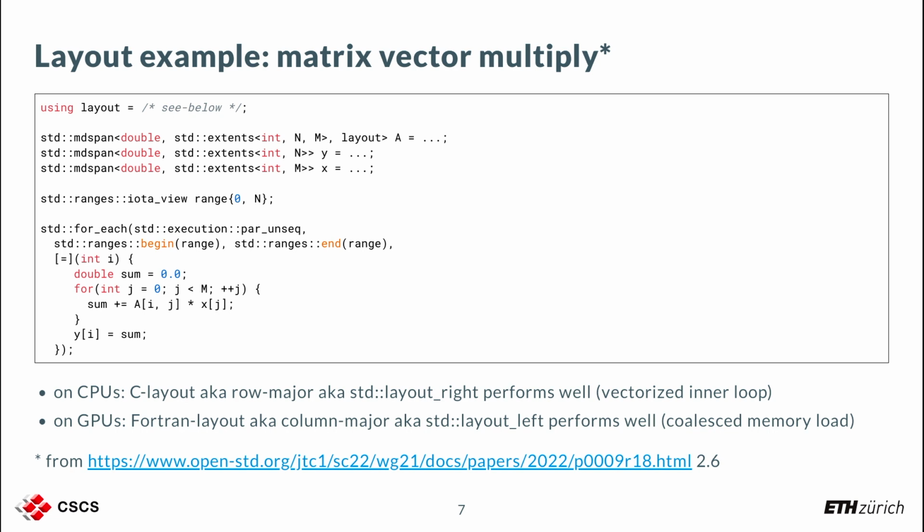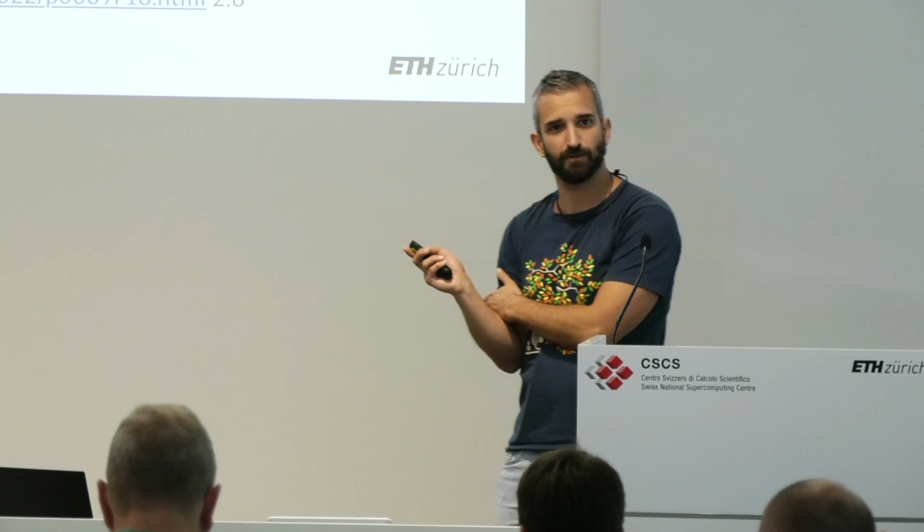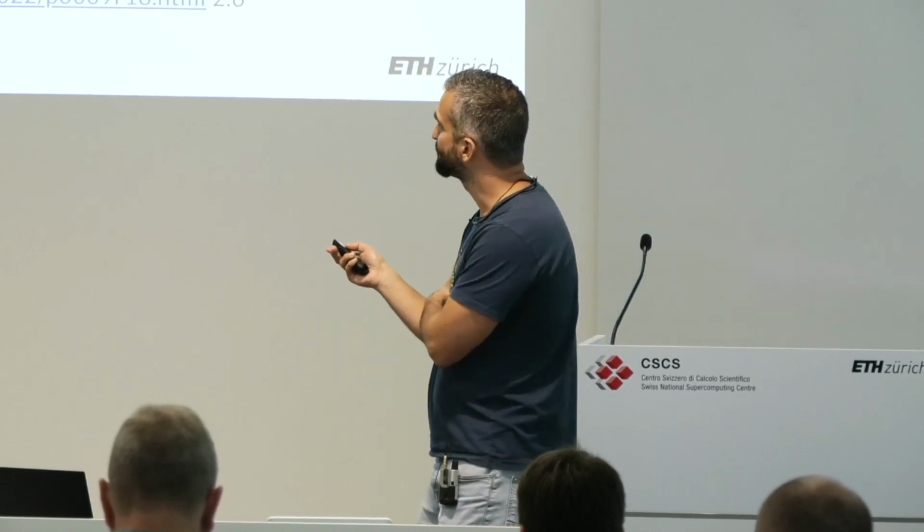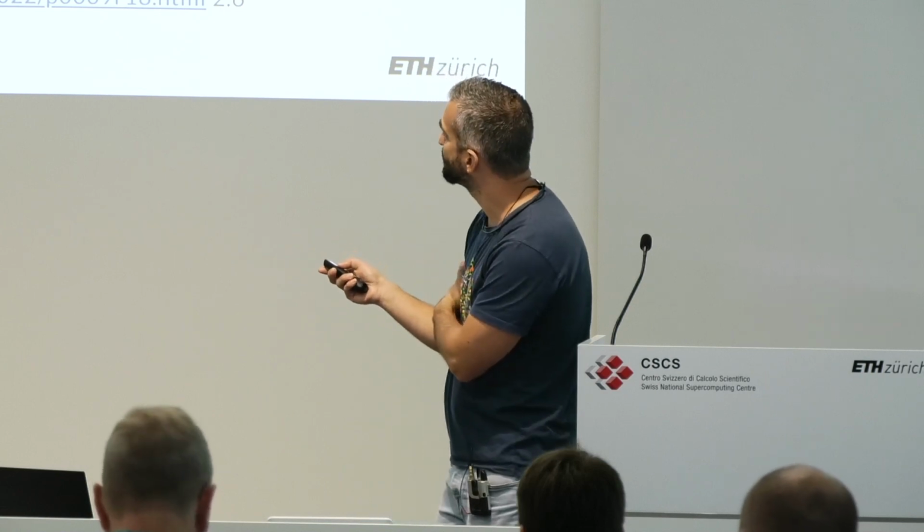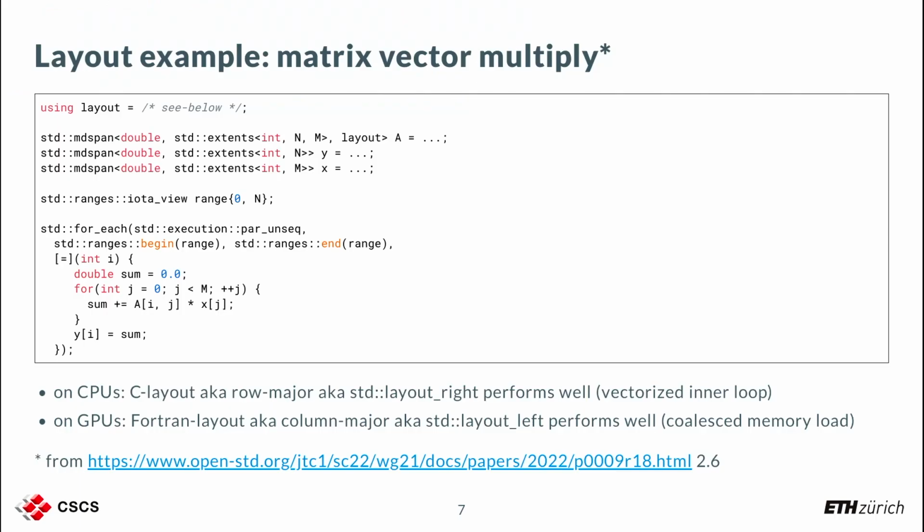And just because Peter very well prepared this slide for me, without even seeing it probably, because he introduced all the stuff that is here. So here's an iota view of the range, which is the outer loop, the 0 to n. And then we can do here for_each with execution policy which says parallel unsequenced, so you can do any point independently.